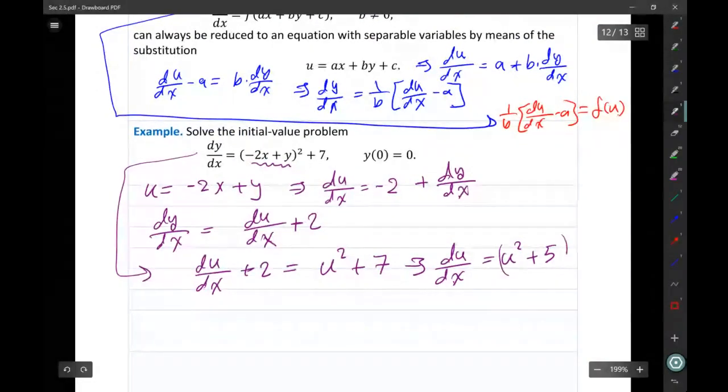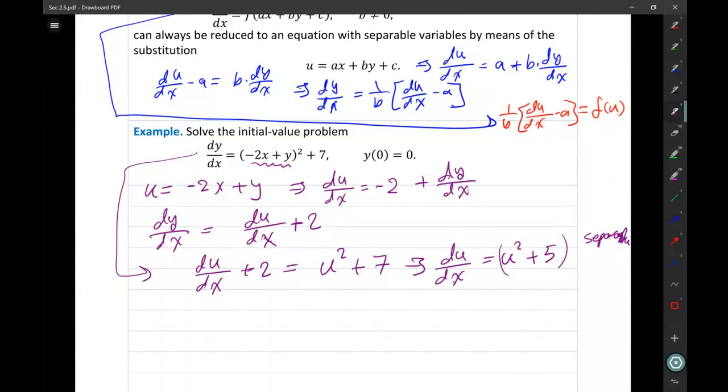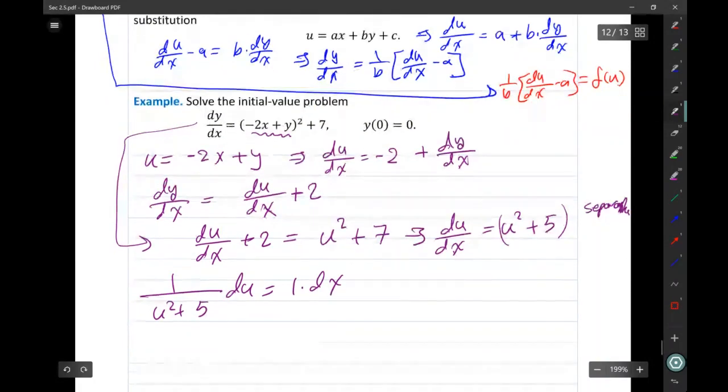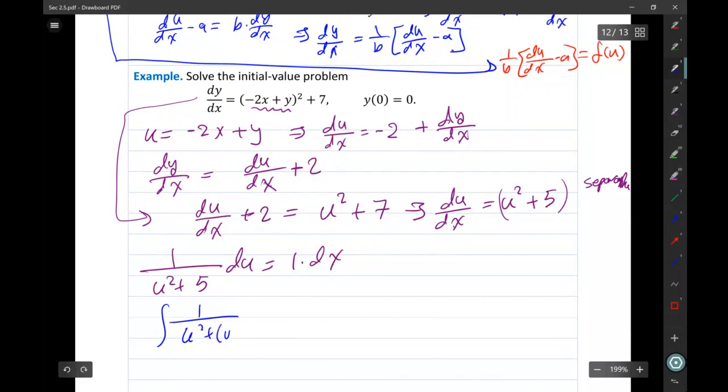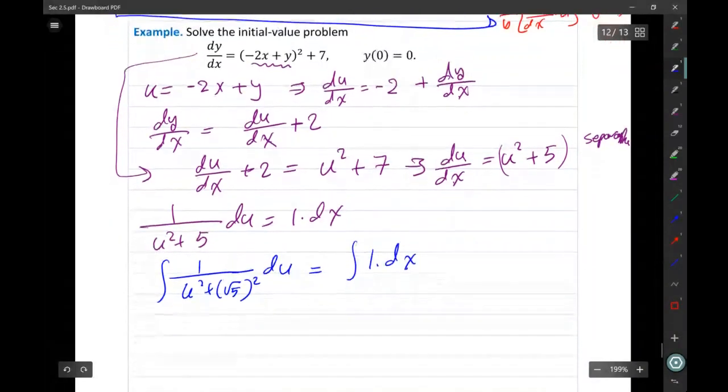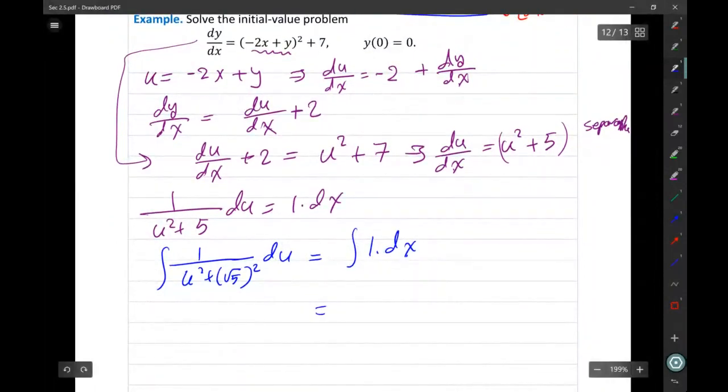Now you can solve it as a separable differential equation, which means 1 by u square plus 5 times du is equal 1 times dx. Now integrate both sides. What does it give me? The integral 1 by u square plus square root of 5 squared du is equal integral 1 times dx. Okay, the right hand side is x plus c, but how can we integrate the left hand side?